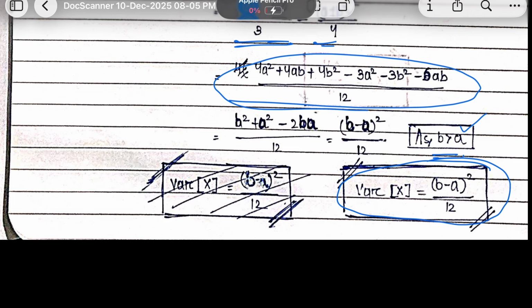Here the variance is b minus a whole square by 12. So pause a bit here, take a break, then we will move on to our next basket, that is the exponential random variable. You need to have some energy for that.